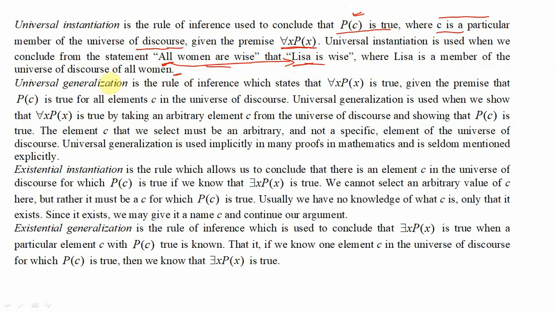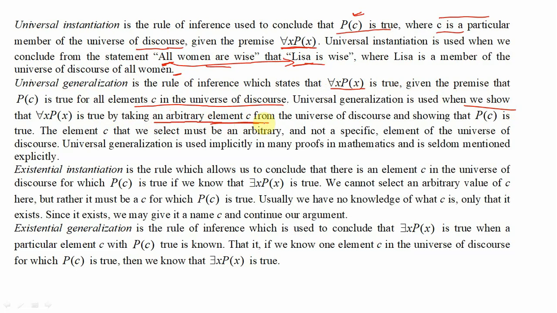Universal generalization is the reverse, which says that for all x, p of x is true, given the premise that p of c is true for all elements c in the universe of discourse. It is used when we show that this is true by taking an arbitrary element c.